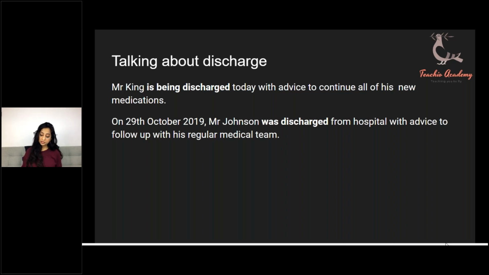You're expanding BD into twice a day and TDS into thrice a day, and you're using commas. So if you're writing to a GP and the patient has been admitted to a hospital, then I would explain all of the medications, because it's important for the GP to know what medications you've started for their patient.